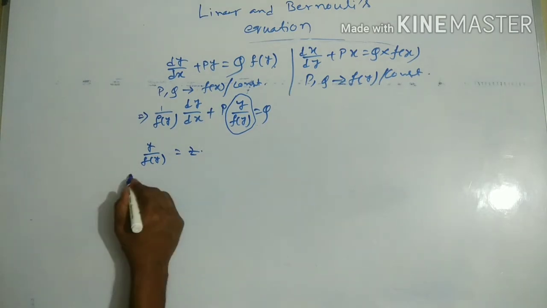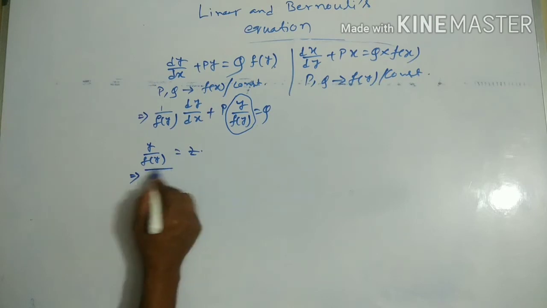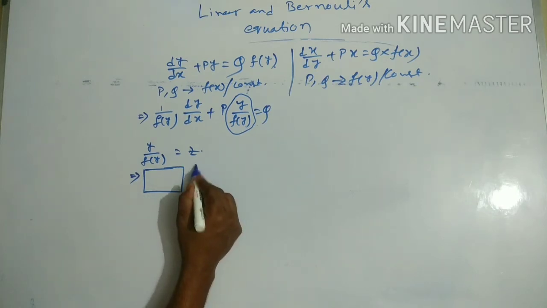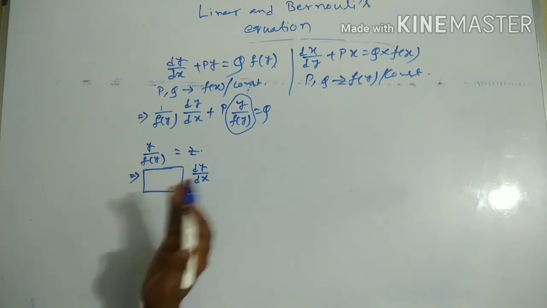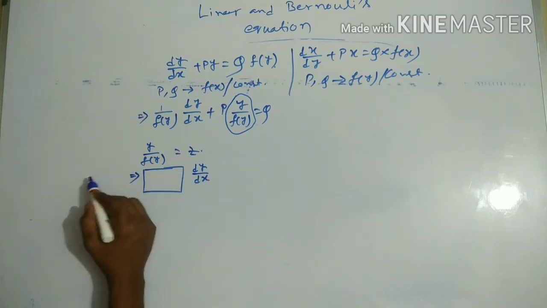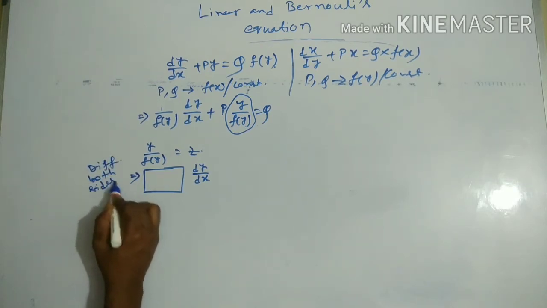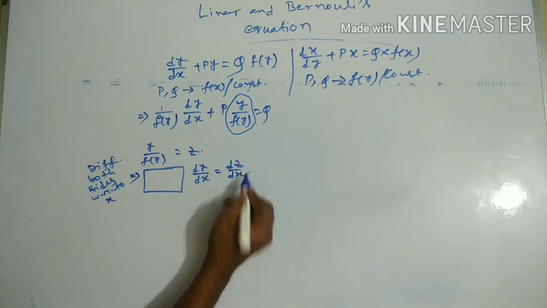Now differentiate both sides with respect to x. After differentiating, there will be another function of y multiplying dy/dx, equal to dz/dx.